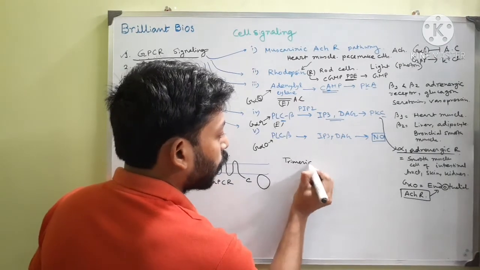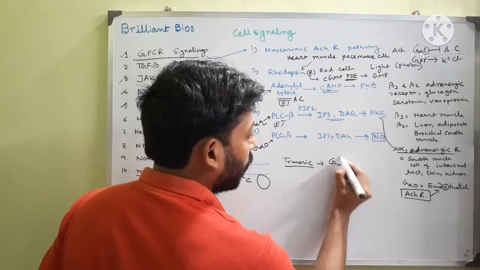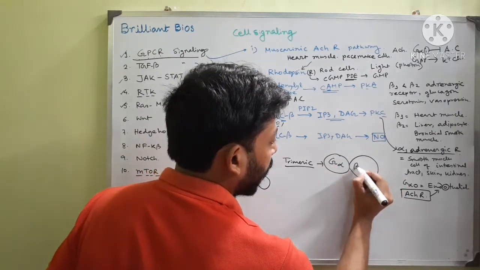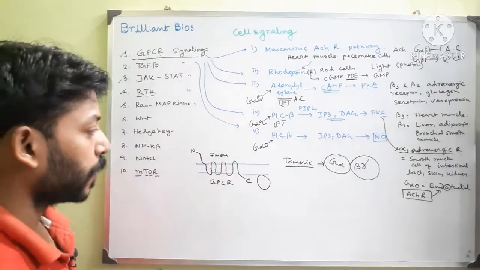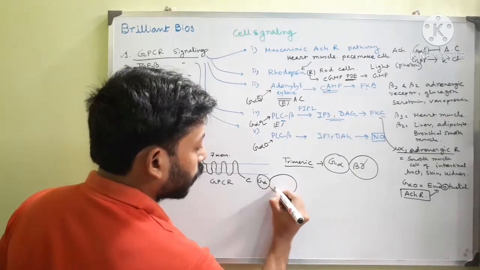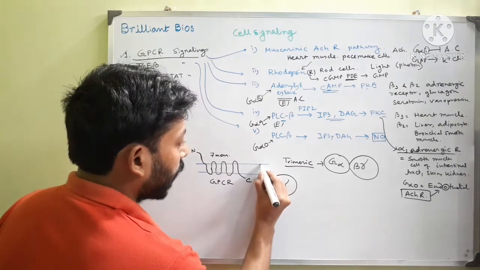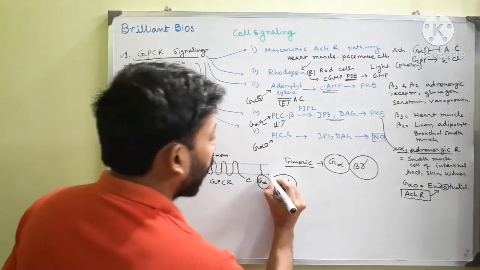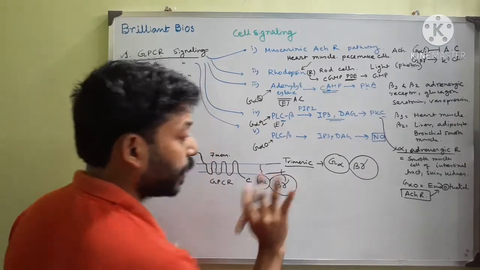Why am I calling it trimeric? Because this trimeric protein has a G alpha subunit associated with 2 other subunits called beta and gamma, which are associated together. They do not actually dissociate. So if I write this G alpha, then there are 2 other subunits called beta and gamma. This G alpha is associated directly with the plasma membrane, and the gamma subunit also binds with the plasma membrane, not the beta.